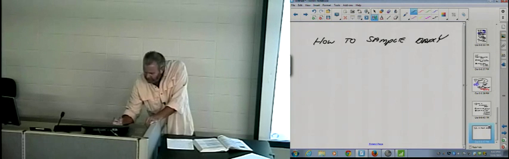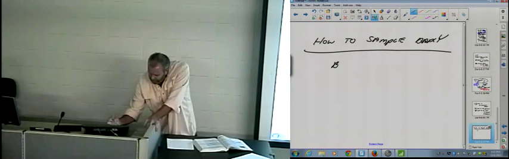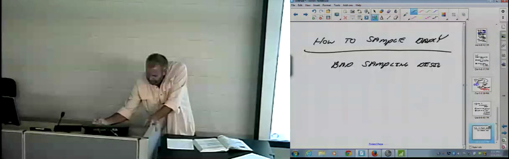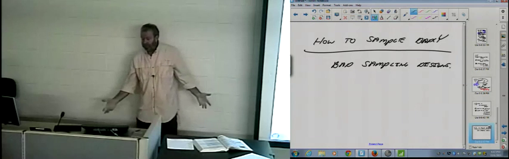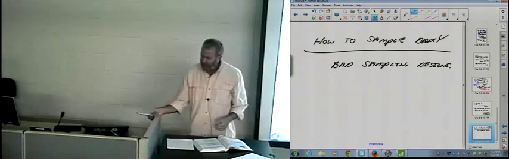I'm using the words the book is. What I'm thinking is bad sampling designs. You don't want to use these. And so the first one here is example 8.2.